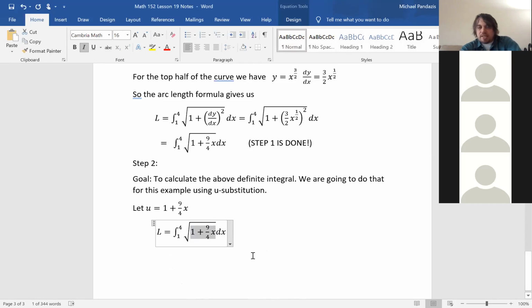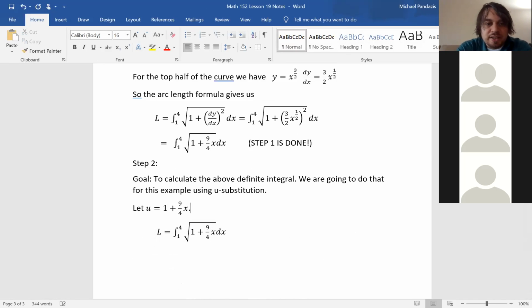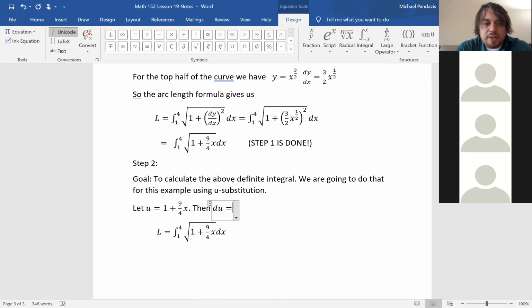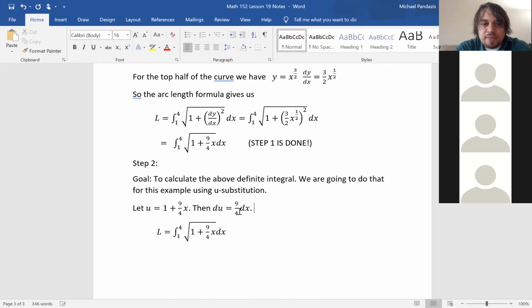That way you're just integrating the square root of u, which you can integrate. So let u equal that. Then du is equal to 9/4 dx. So we get that the length is equal to this.